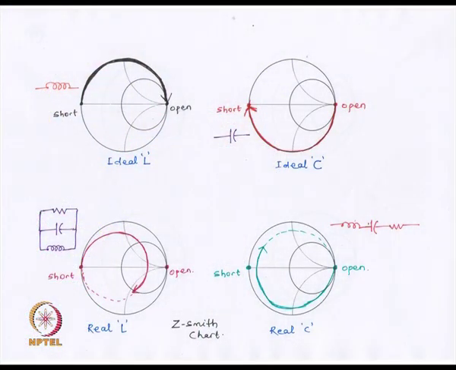So, let us see this example. One problem in realizing, if you see all the inductors and capacitance which we have discussed so far, we have considered them to be ideal. If we have an ideal inductor in series, then we can go along a clockwise direction along a Z Smith chart, and if we have an ideal C in shunt, then we can also go along a clockwise direction in a Y Smith chart.